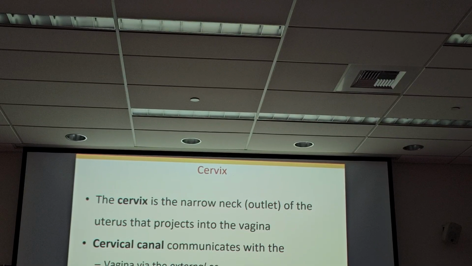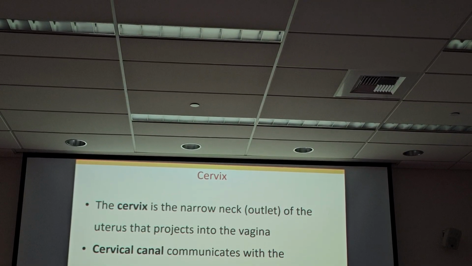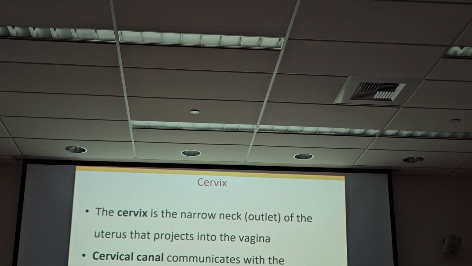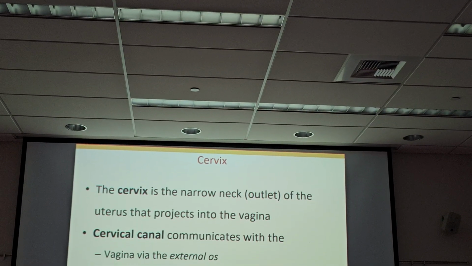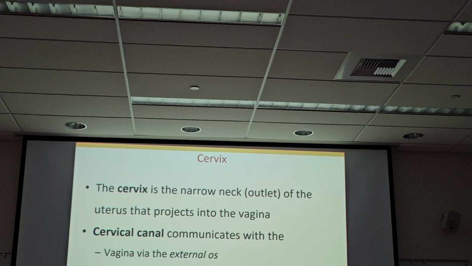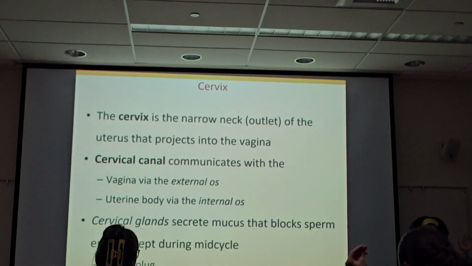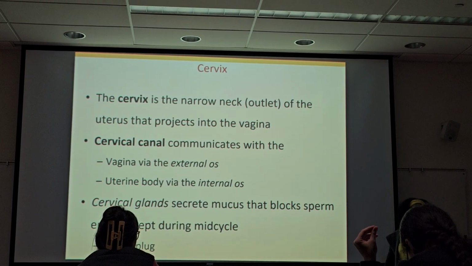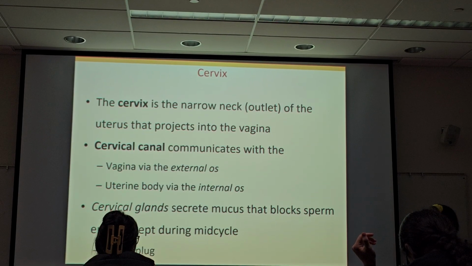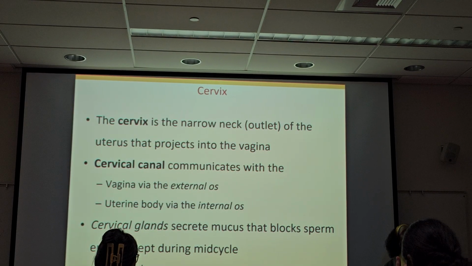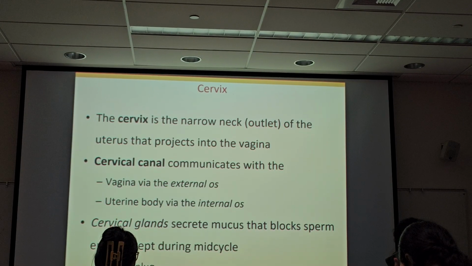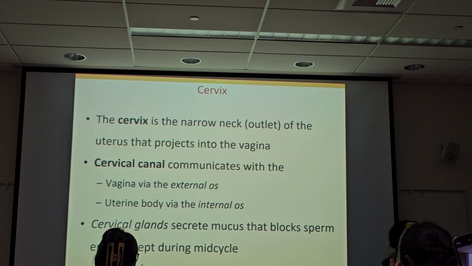Once a woman is pregnant and the egg is implanted in that uterine wall, the cervical glands will secrete mucus that will prevent any sperm cells from being able to enter into the cervix throughout the entire pregnancy. So no sperm can get in there and try to fertilize any other eggs. There's a baby growing in there now. And so the opening to the uterus, the cervix, is blocked by a mucus plug, which upon childbirth is one of the first things that will be delivered. That's an indication that labor is beginning.